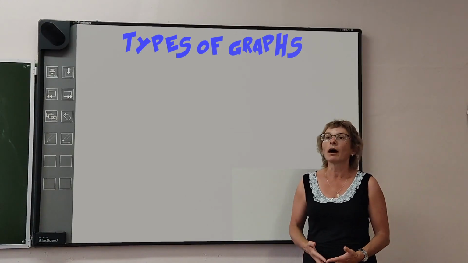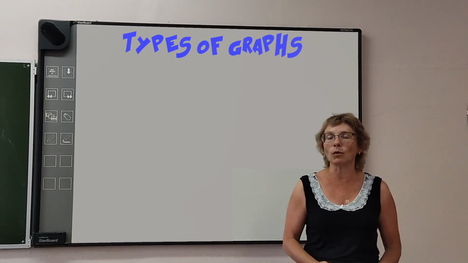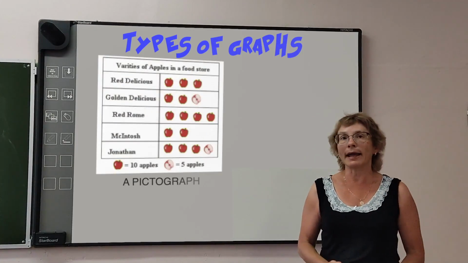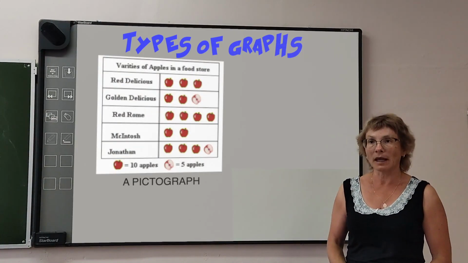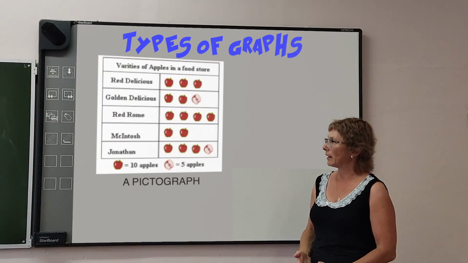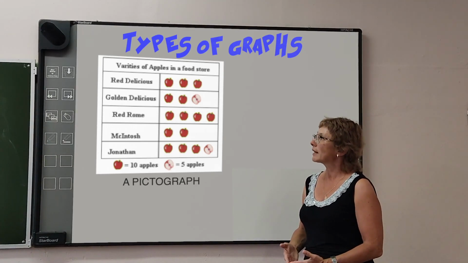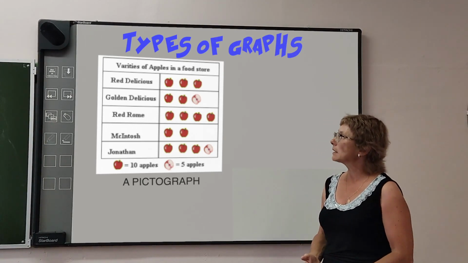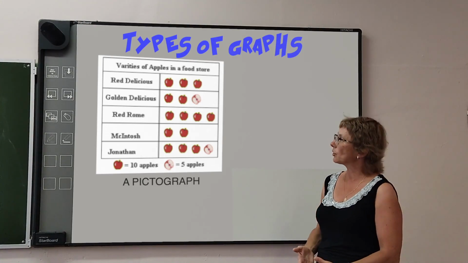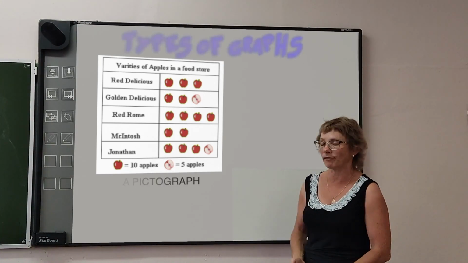And then we have what is called a pictograph. This name is given because the graph contains pictures which you can see in the graph.